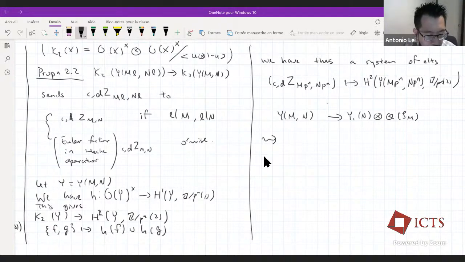So we get elements, and maybe I'll use another symbol. Let's call this curly Z, with indices M, p^n, inside H^1 of Q(ζ_{Mp^n}), with coefficients in some étale cohomology.